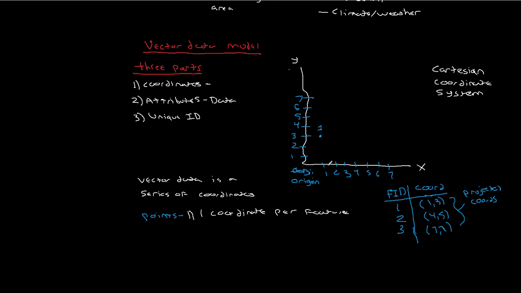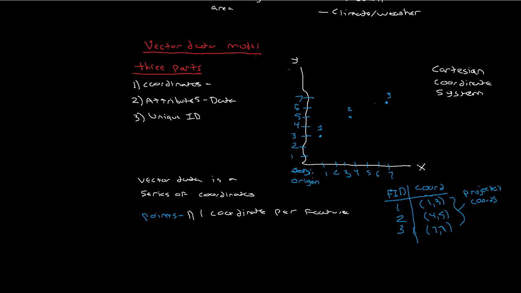Feature 2 is at 4, 5. We know this is feature 2. And then 3 is at 7, 7. So that's all it means to be a point in the vector data model, is that we have our unique ID here being represented by one coordinate pair.